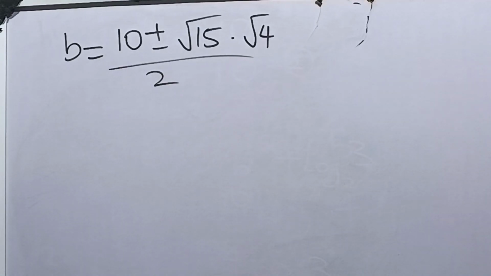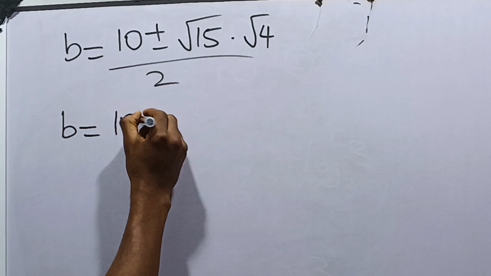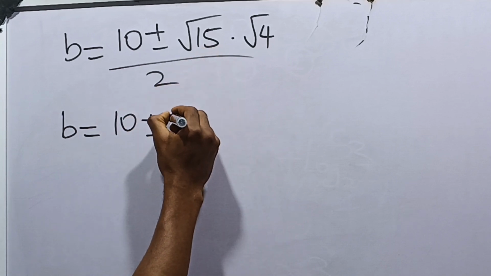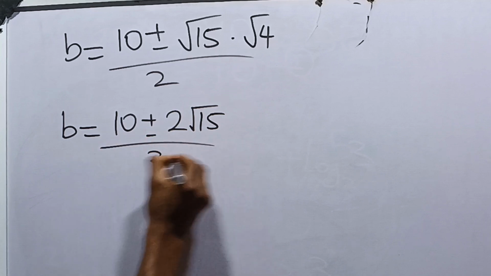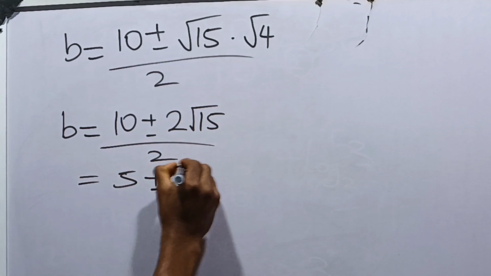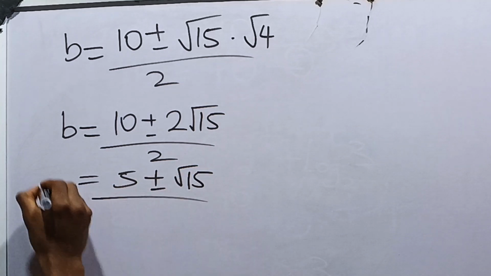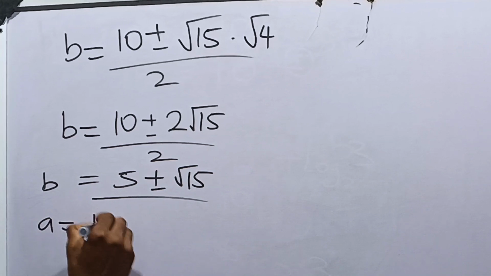Now moving on from here, our b will be equal to 10 plus or minus root of 4 is 2 root 15 divided by 2, which is equal to 5 plus or minus root 15. So that is our b. Now recall that we said that a is equal to 10 over b.